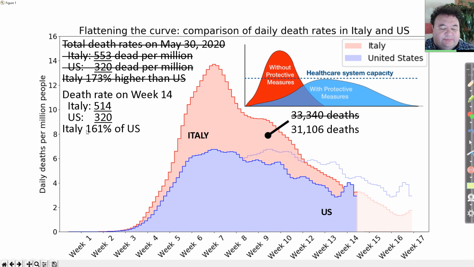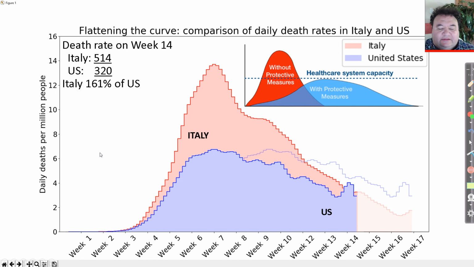And so the percentage is actually 161 instead of 173. And that would be a better way to measure things in terms of comparing the two countries. So in this case, the adjustment was not huge, but again, it goes from, say, 1.5 instead of 1 3/4.